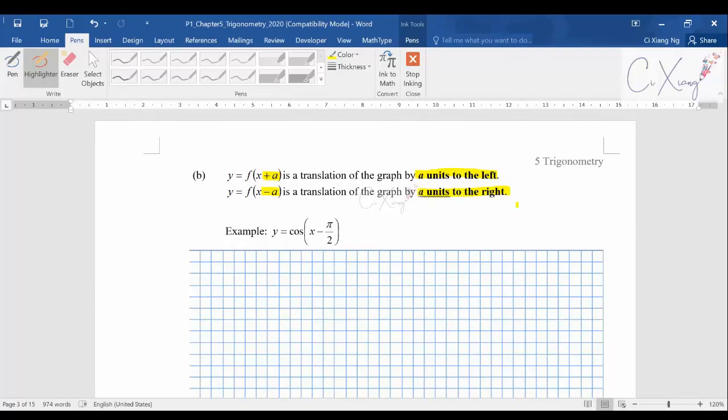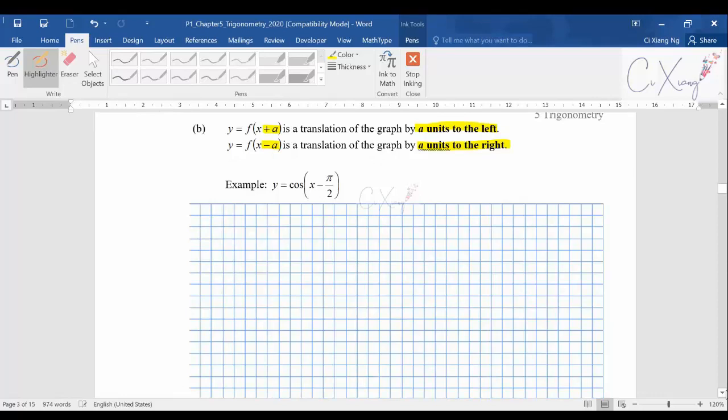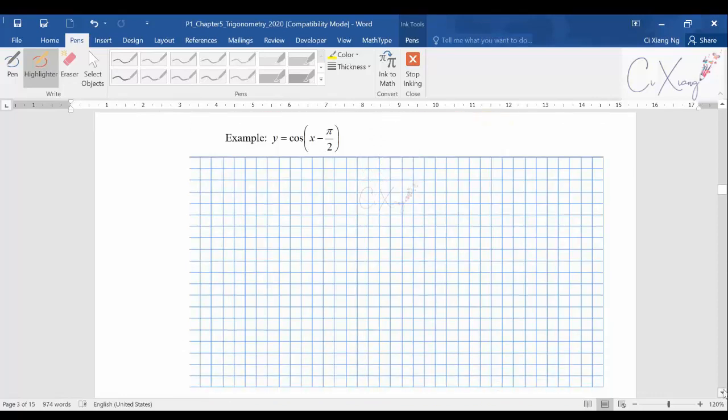Maybe we can take this as an example. If they want you to sketch y equals cos x minus pi over 2, you see that the minus pi over 2 is inside the basic function. No matter what, I will draw the basic graph first and label everything.